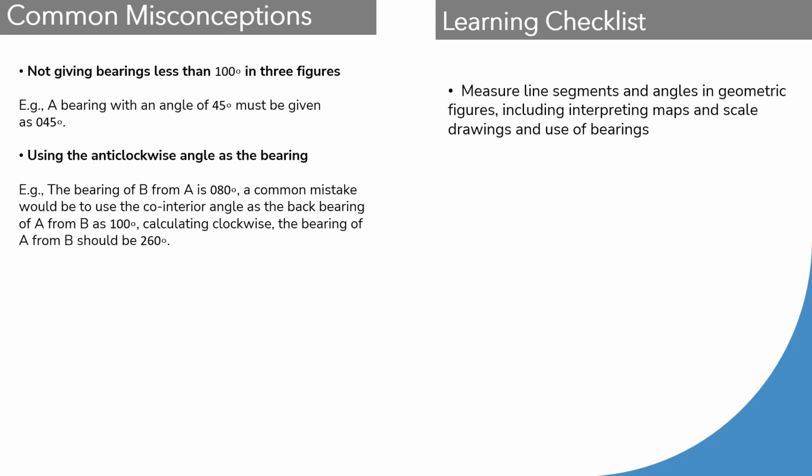So they go backwards. Now for angle A, if you have to find the bearing of A from B, it will calculate as 100 degrees when you are going anti-clockwise. Whereas if you go clockwise, the bearing of A from B should be 260 degrees. Now you understand why going clockwise is always better than going anti-clockwise.